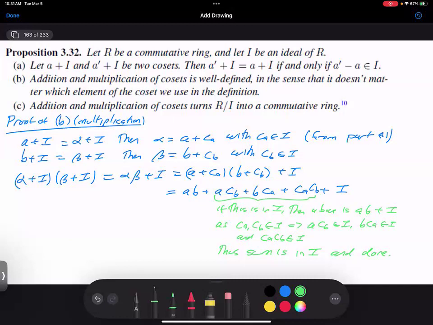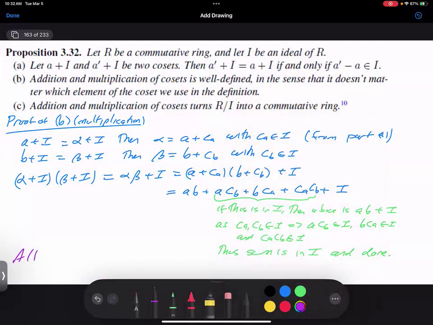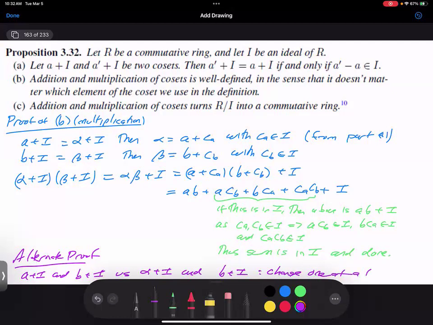What we could have done, more interesting one, alternate proof. Since section 2 normally goes a little bit faster than section 1 because I've already practiced on section 1, I'll say instead we could look at A plus I and B plus I versus alpha plus I and B plus I. Change one at a time.